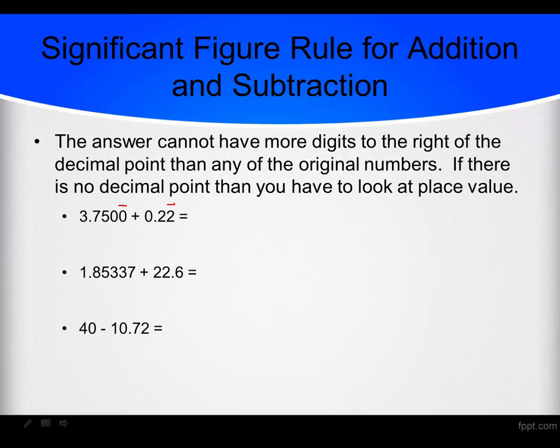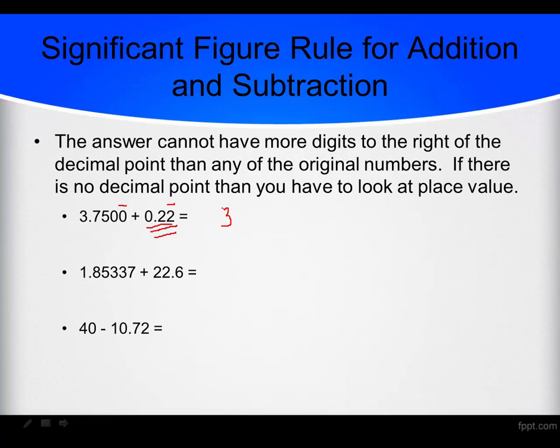After I do the math, I'm not going to be able to say that I have any more precision than my least precise measurement. My least precise measurement was the one with fewer place values, which is the 0.22. So I'm going to have to round to the hundredths place value when I'm done with this.